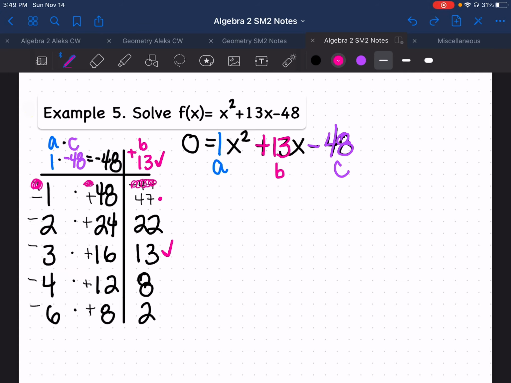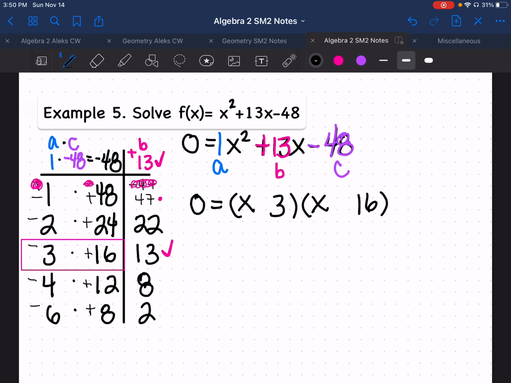There's my two terms that I'm going to put into my factors, and then I can go ahead and apply my zero product property and solve this quadratic. Remember, x always goes first, and then you just pop in the 3 and you pop in the 16. The 3 is negative, so you make it minus.